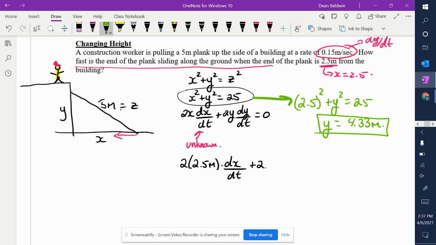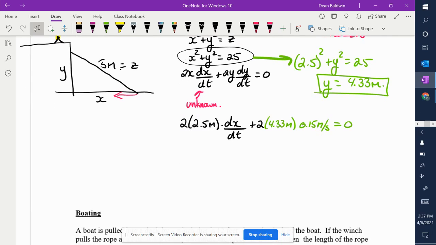So then that goes in and you get 4.33 meters. dy dt is 0.15 meters per second, and the whole thing equals 0. So now you just have to manipulate it to solve for dx dt.